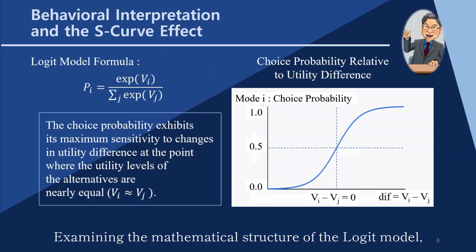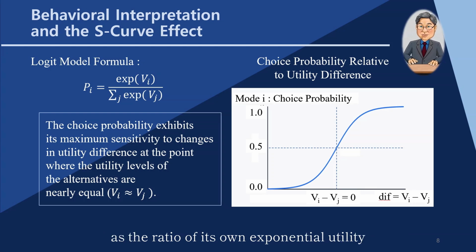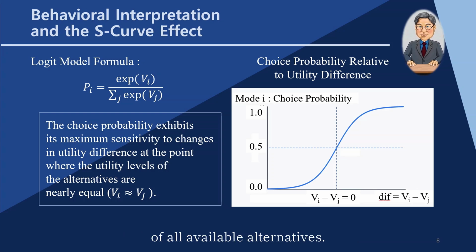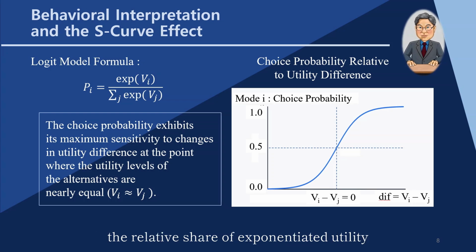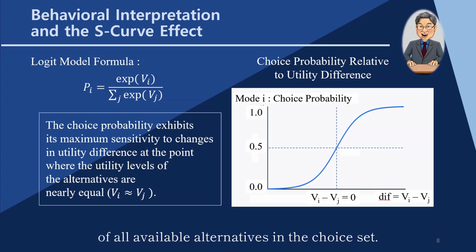Examining the mathematical structure of the Logit model, the choice probability of a specific mode is expressed as the ratio of its own exponential utility to the sum of the exponential utilities of all available alternatives. In other words, the choice probability reflects the relative share of exponentiated utility that the alternative occupies within the total sum of exponentiated utilities of all available alternatives in the choice set.